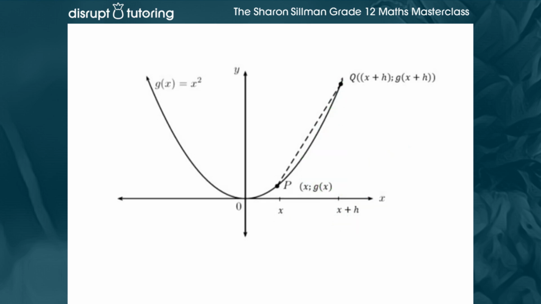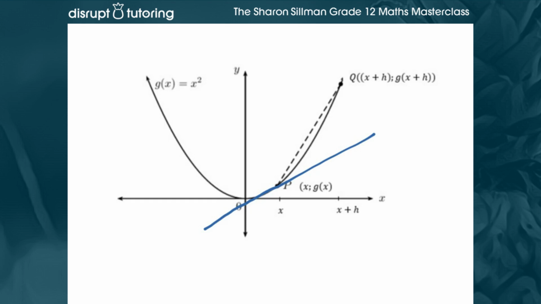So instead of talking about average gradient now, because we're talking about that point getting closer and closer, if it was on top of P, then we would actually be at a tangent to the point P. So the closer and closer that the Q point gets to the P point, and basically think about it landing on top of it, it's actually going to create a tangent.